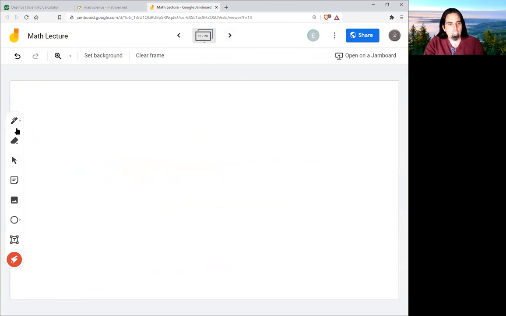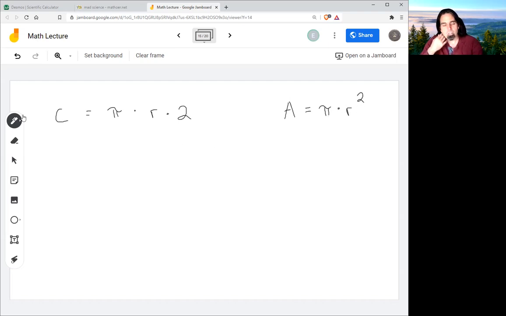So there is a potential problem if I have circumference is pi times radius times 2, and area is pi times radius, and the radius is squared. It's easy to confuse those. They have a pi and an r and a 2. So you might like those.